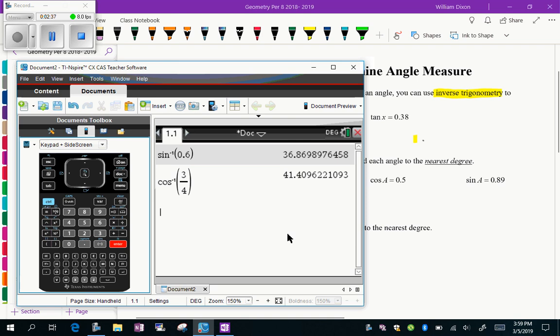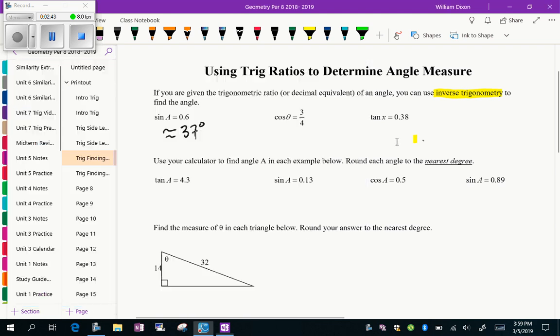But again, we want that whole number, or to the nearest degree. So the answer is approximately 41 degrees.